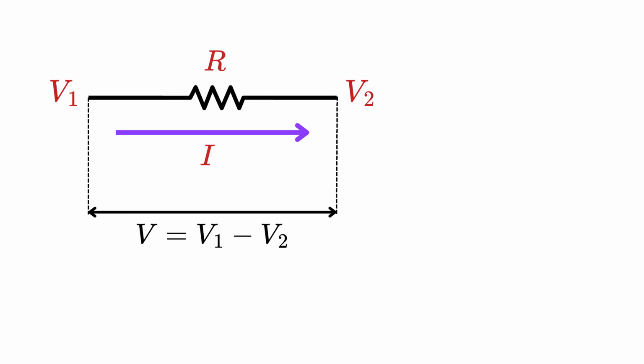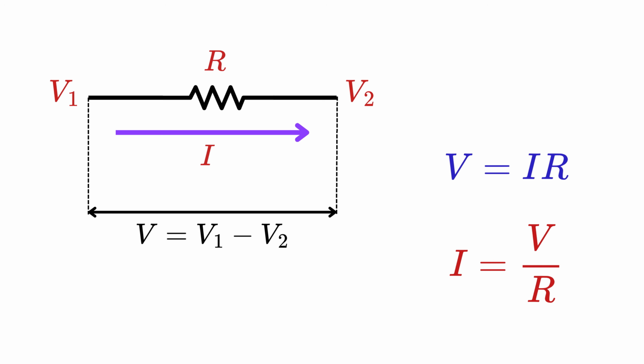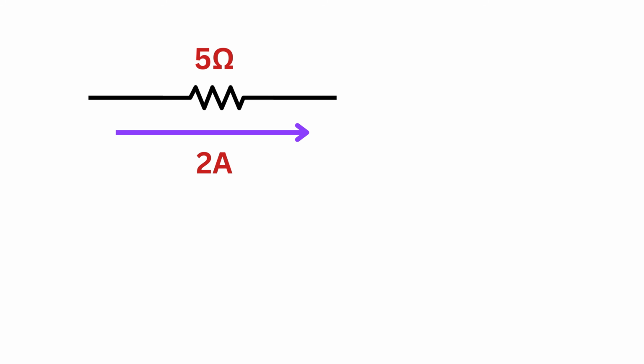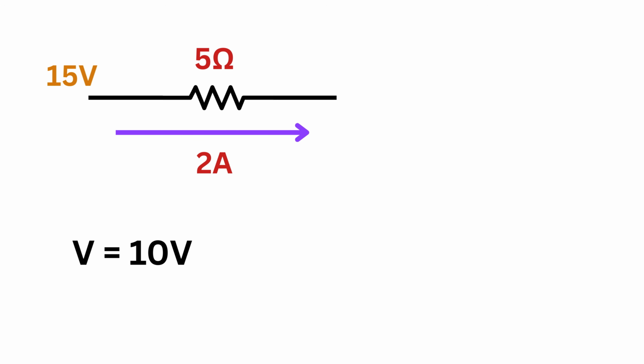The amount of voltage it will eat depends on the value of the resistor and the current flowing through it, and is given by V equals I times R. So we can also write I as V over R in case we have values for V and R. For example, if 2 amperes current flows through a 5 ohms resistor from left to right, it will eat 5 times 2 or 10 volts. So, if this node is at 15 volts, then this node will be at 15 minus 10 or 5 volts.